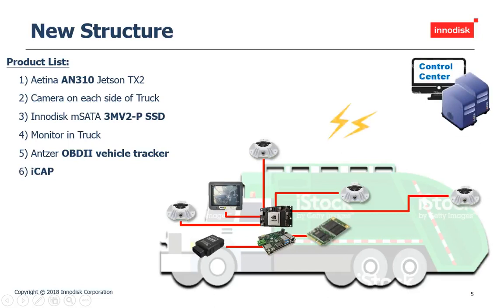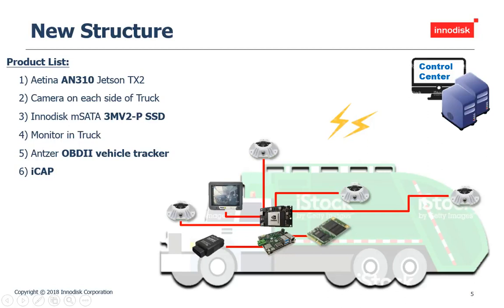Also, don't forget the iCap can help to send all those data back to the control center in the headquarters to locate where the truck is and make sure all the systems in the truck are in good condition.